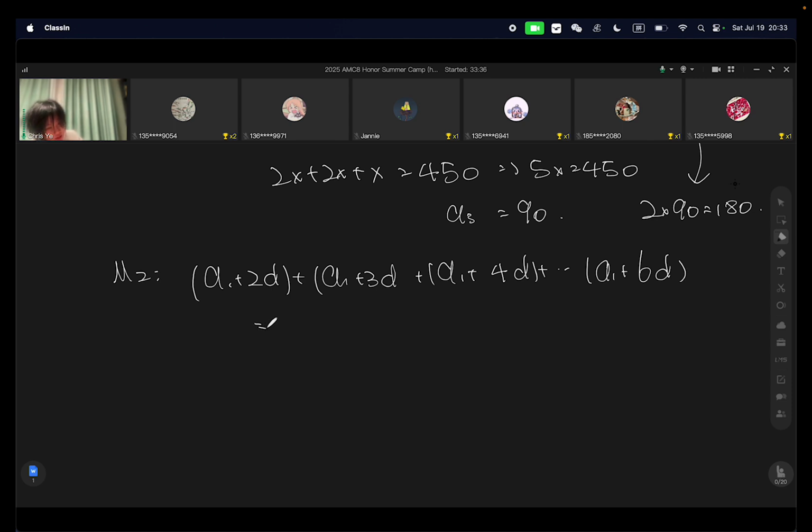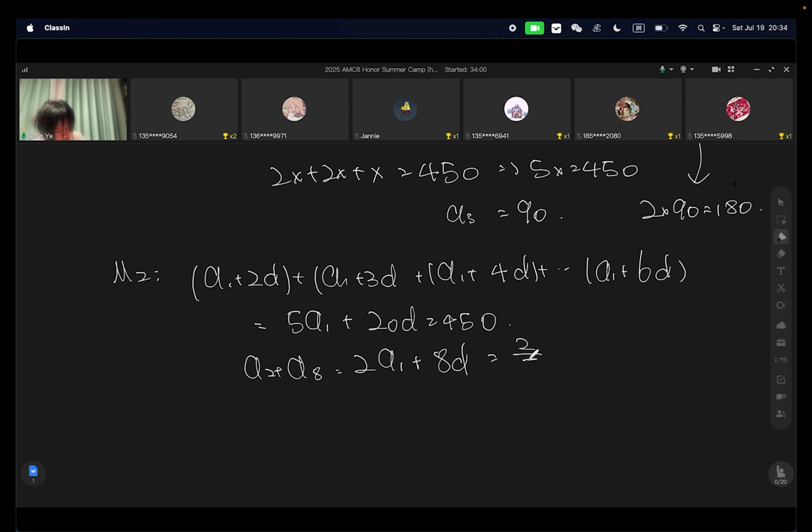But now we have 5A1 plus 2 all the way to 6, that's going to be 21 minus 1 equals 20D equals 450. Therefore, A2 plus A8 is going to be the same as 2A1 plus 8D, and that is going to be 2/5 of this, which is 2/5 times 5A1 plus 20D equals 2/5 times 450 equals 180.